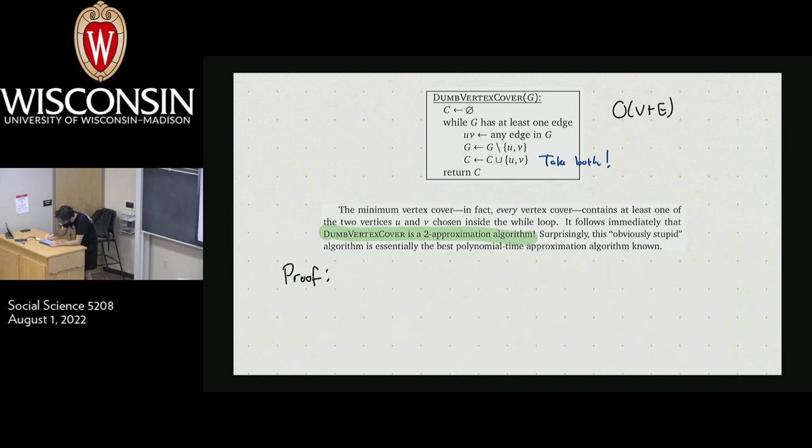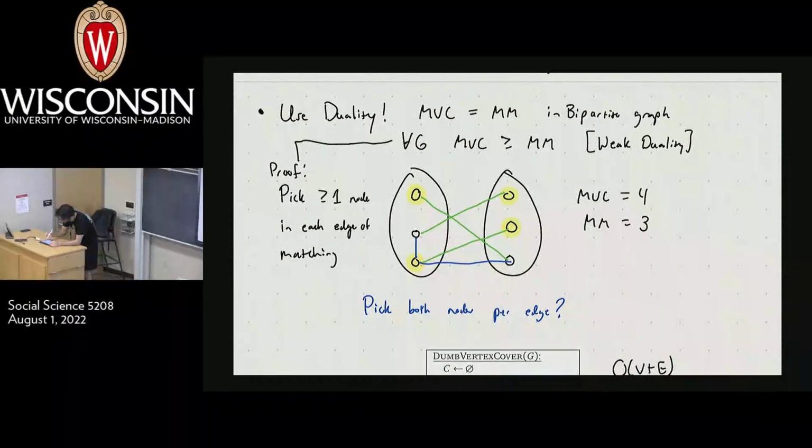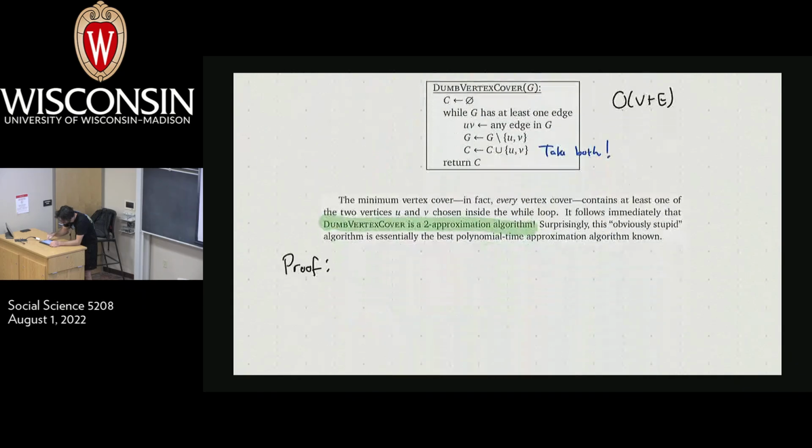So what do we know? Based on our theorem here, this weak duality, we know that the optimal solution is at least the size of a max matching. That's just by weak duality. If opt was ever smaller than this, it has to be missing one of those nodes or one of those edges in the matching.